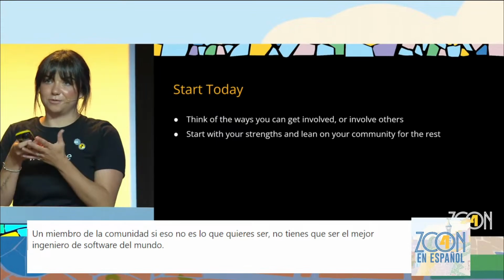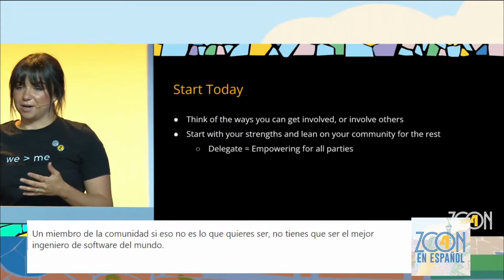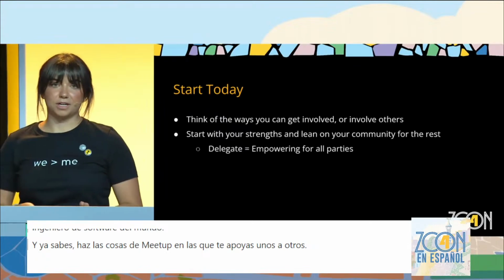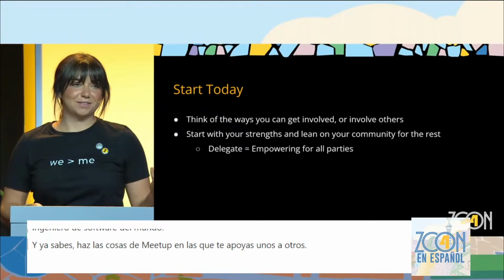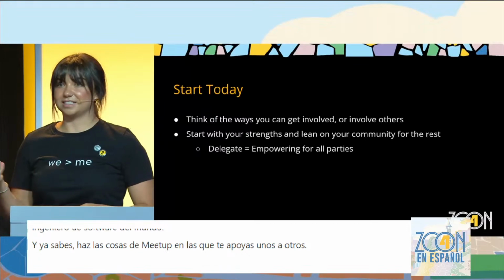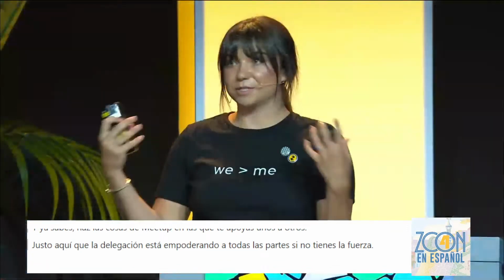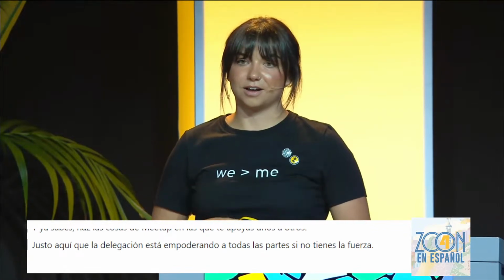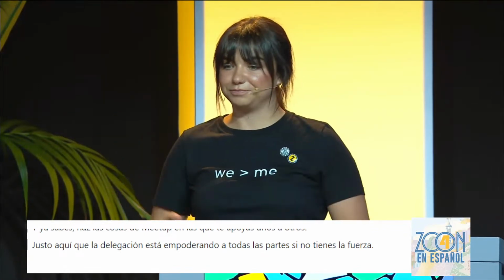You lean on one another. I write here that delegation is empowering for all parties. If you don't have the strength, leaning on somebody that does have the strength empowers both people. And I think that's a really critical part of community.